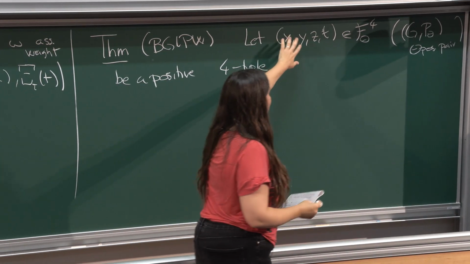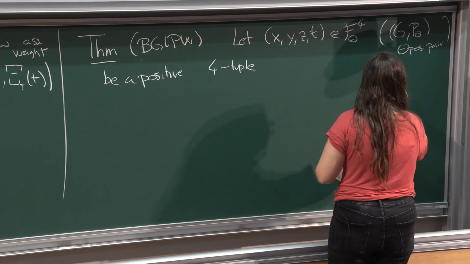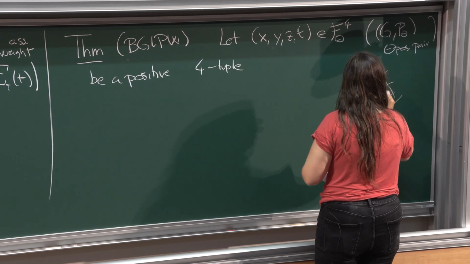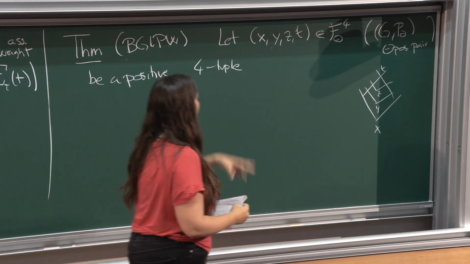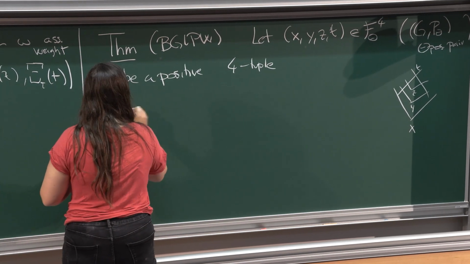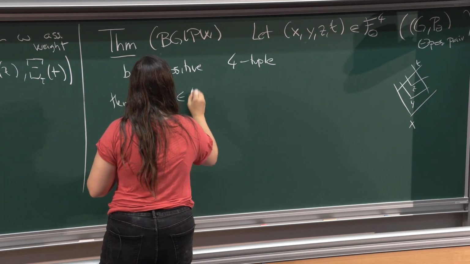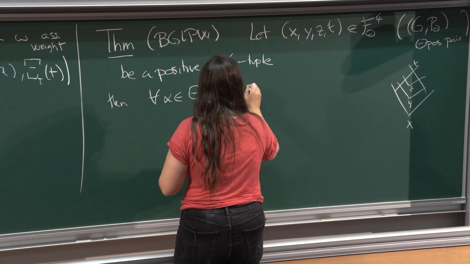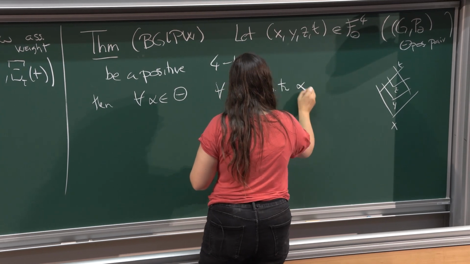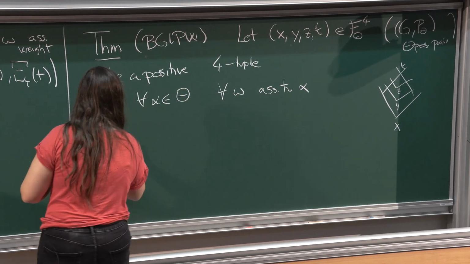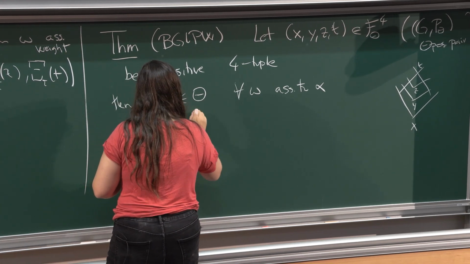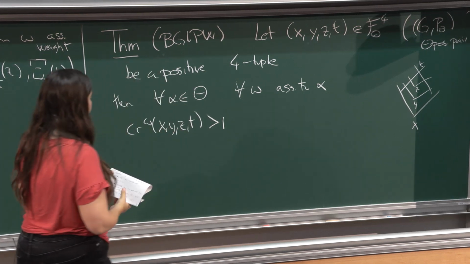And I have this 4-tuple that in the picture forms diamonds x, y, z, t, and it is a theta positive 4-tuple, then for any alpha in theta, and for any omega associated to alpha, we have that CR_omega of x, y, z, t is bigger than 1.